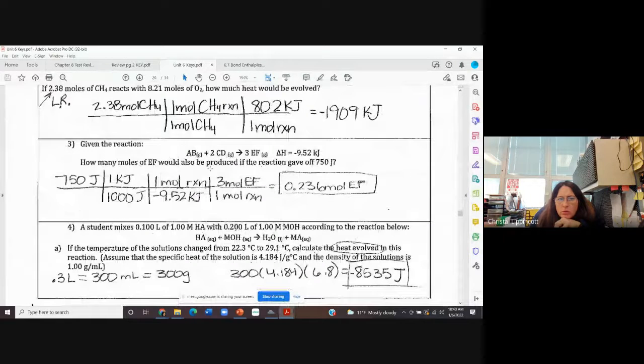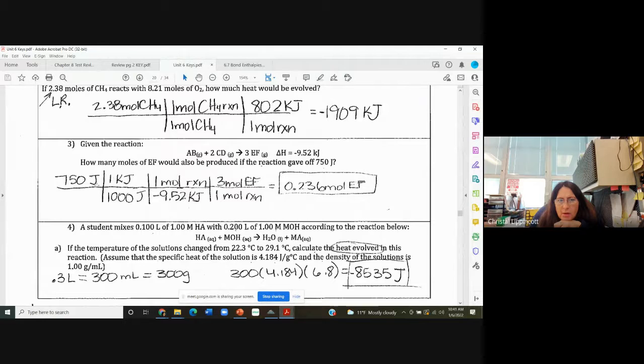Number 3 here, you take the 750 joules that they gave you. You need to convert that into kilojoules to be able to work with this unit that they gave you in the problem. Okay, so I've got that converted into kilojoules.